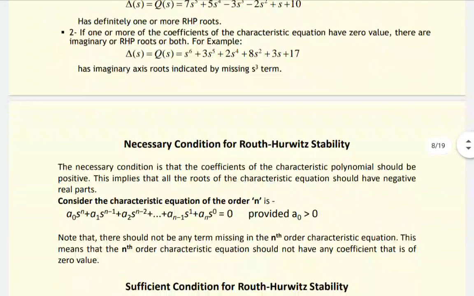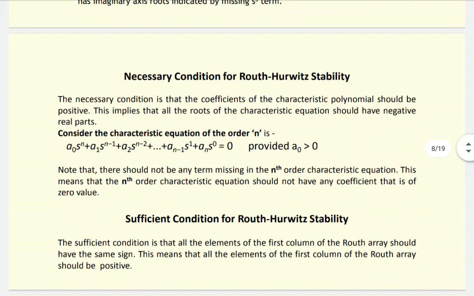That should be known. Now, the necessary condition for Routh-Hurwitz stability. The necessary condition is that the coefficients of the characteristic polynomial should be positive. This implies that all the roots of the characteristic equation should have negative real parts. Yes.